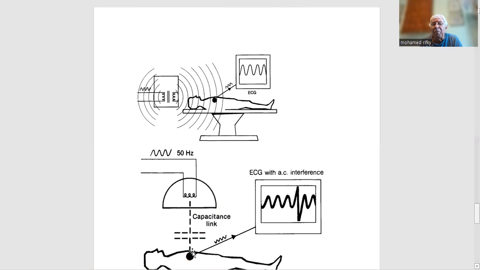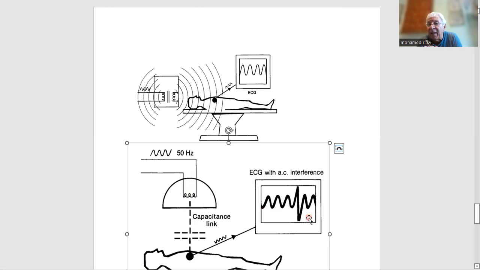So suppose this is the patient, this is the lamp bulb. So in between there is the air. So we are creating a capacitor. As a matter of fact, this capacitor is capable of transferring this current, which is 50 hertz, through it. So this volt interferes with the diathermy.